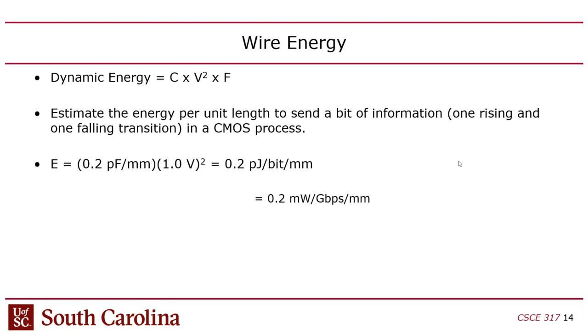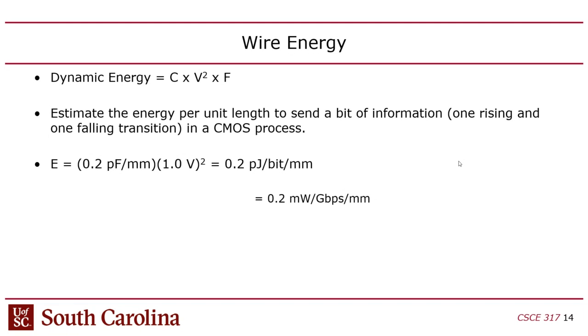bit flip. So in this case, you drop the frequency, so it's 0.2 picofarads per millimeter times 1 volt squared. And notice that the capacitance is in terms of farads per millimeter. So this would be 0.2 picojoules per bit. Bit is in there because we dropped the frequency. That's the bit transitioned per millimeter.